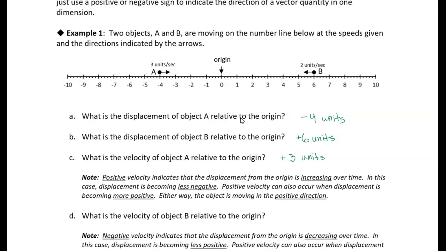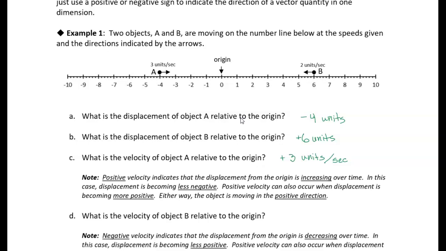I don't have a scale on this, as far as centimeters or a standard unit of measure, so we're just going to call it units per second. So this velocity is 3 units per second in the positive direction, right? So positive velocity just means that the displacement from the origin is increasing.